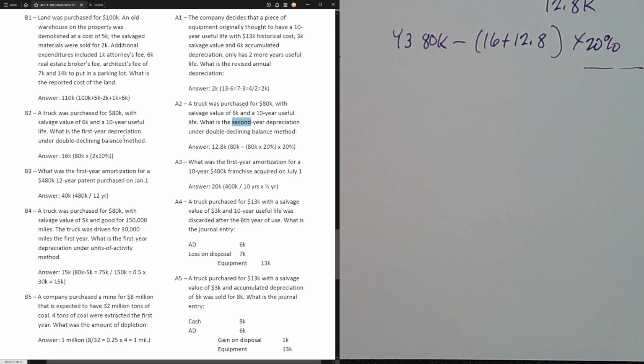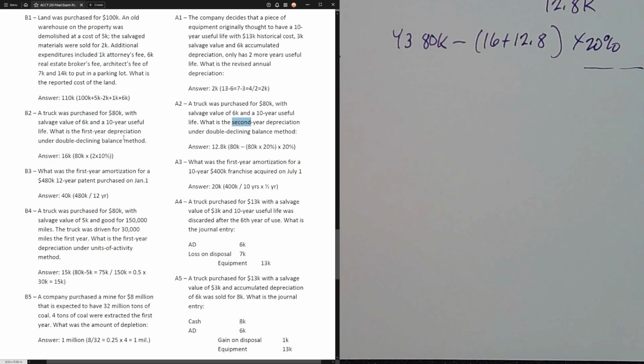Let's continue on. B3, what was the first year amortization for $480,000 12-year patent? This is not particularly challenging. It just uses a different word. Remember, amortization is for an intangible asset. It's still an asset, but it doesn't get depreciated, because we use that for physical assets. It gets amortized.